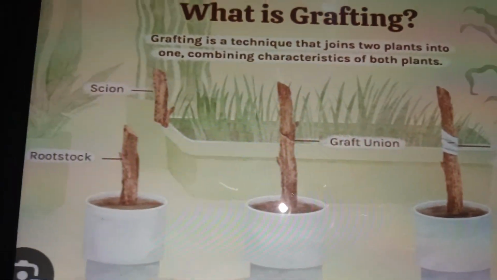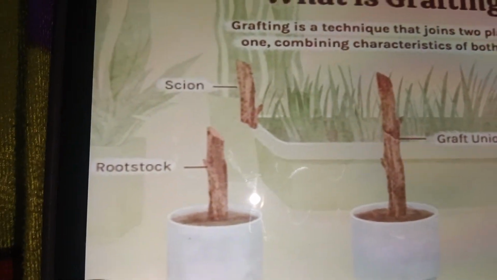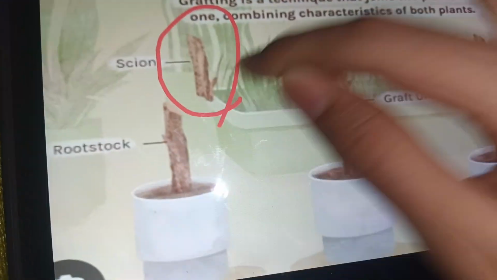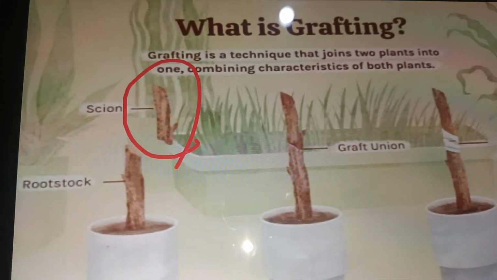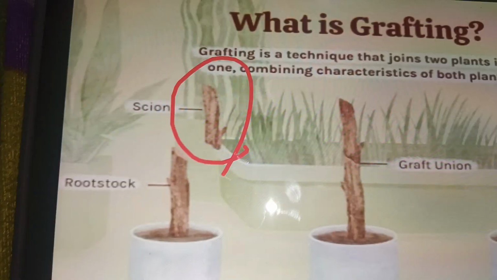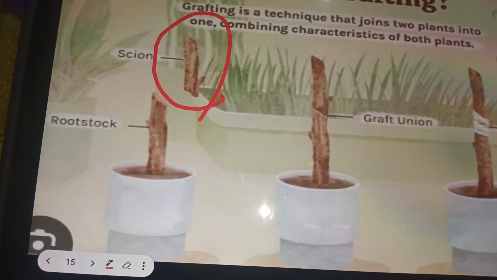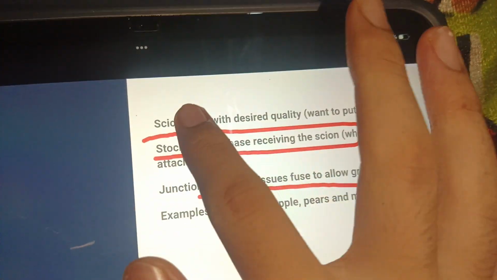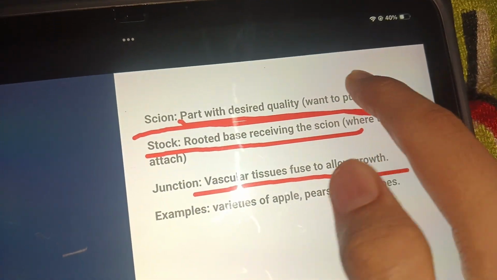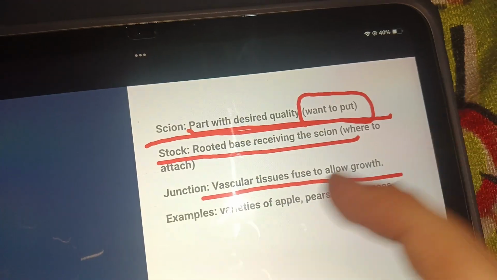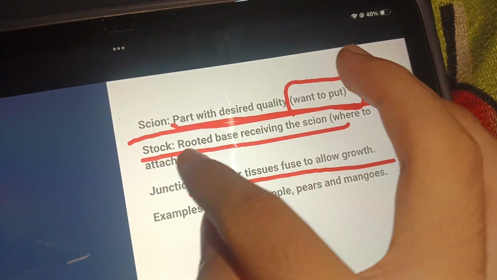I will show with the help of the diagram. See, this is the scion. Scion means which you want to put. And stock means where you want to put the scion. It is written here that scion means the part with desired quality that you want to put. Suppose this is a half plant.